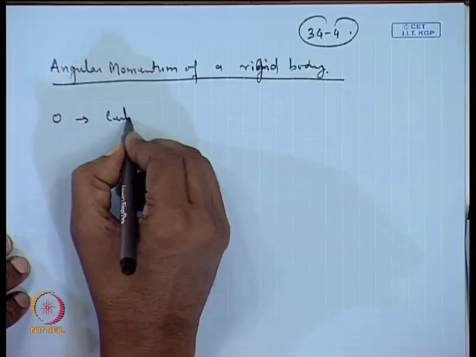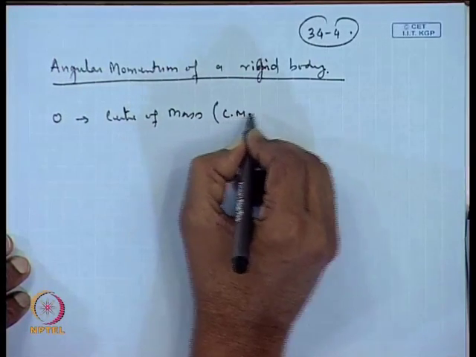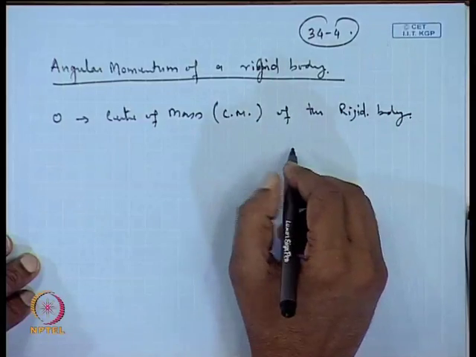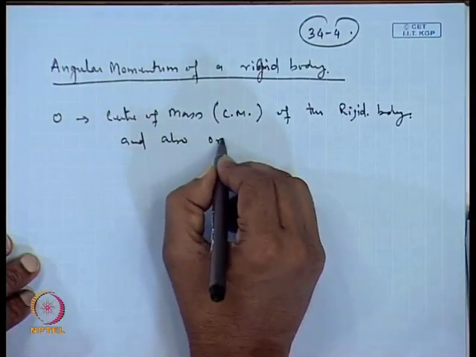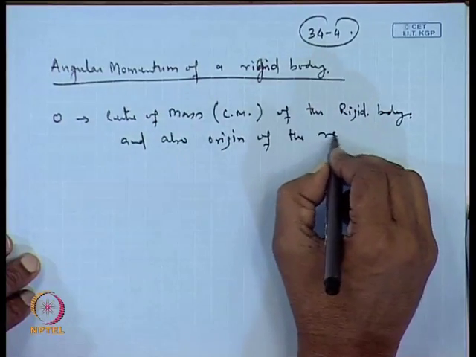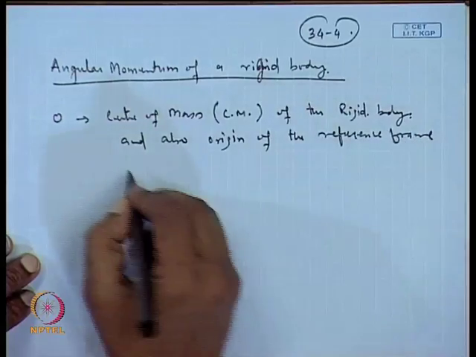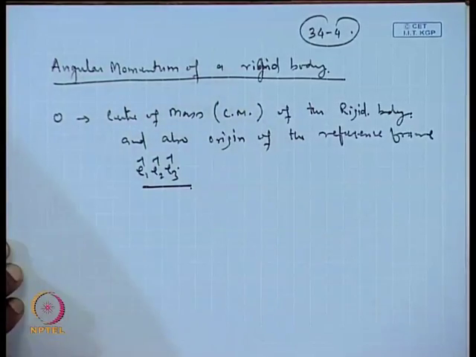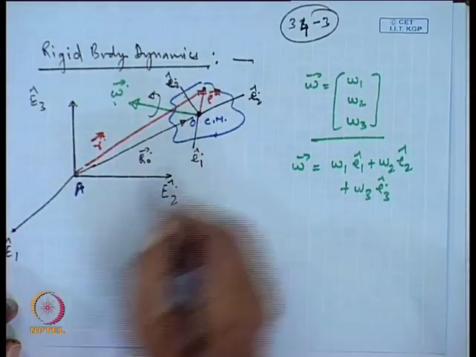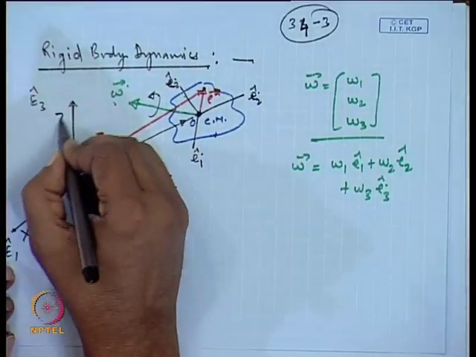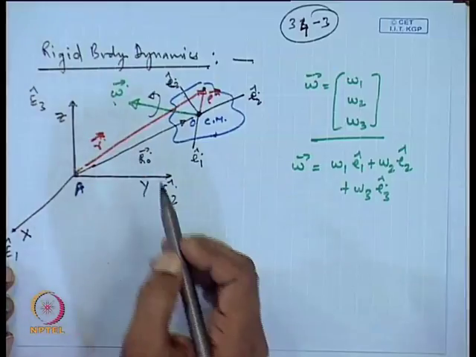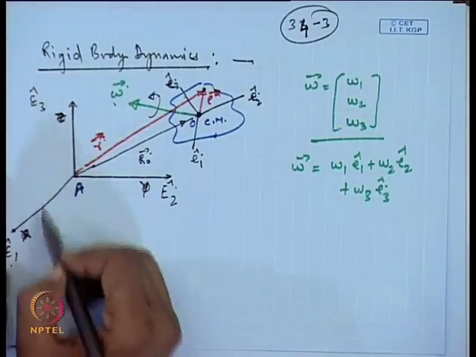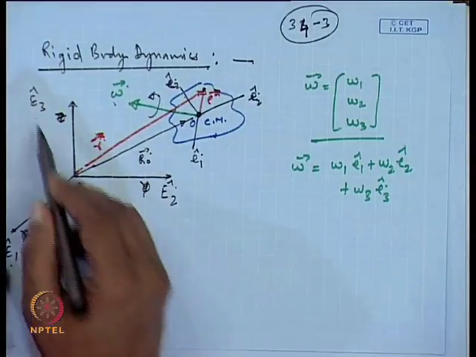So, O is the center of mass of the rigid body and also the origin of the reference frame E 1, E 2, E 3. We can write the axes as x, y and z, and the unit vectors in these directions are E 1, E 2 and E 3, or we can remove this altogether and imagine that E 1, E 2 and E 3 are the 3 axes, and E1 cap, E2 cap and E3 cap are the unit vectors.